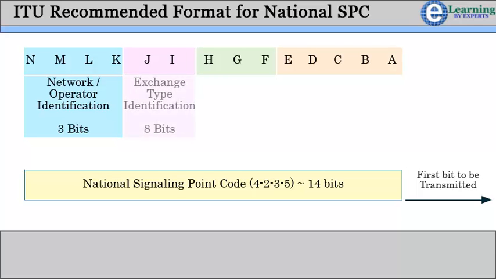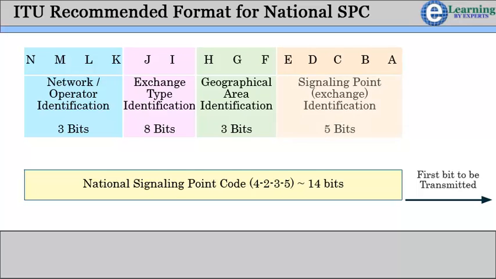The next 2 bits, I, J, identify the type of exchange, as per the hierarchy defined in PSTN, Class 5, Class 4, etc. The next 3 bits, F, G, H, identify the geographical area within the network or range of service provider. The 5 bits, A to E, identify the signaling endpoint.